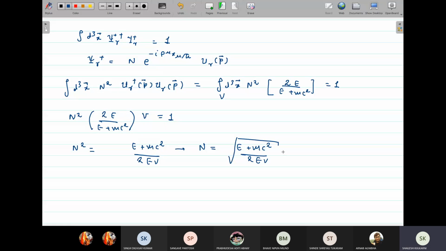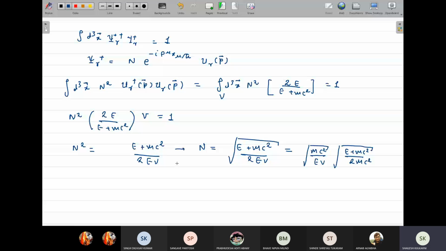This I can write as the square root of mc square divided by EV, and the square root of E plus mc square divided by 2mc square. Basically I have multiplied and divided by the square root of 2mc square, and that 2 goes with these 2.